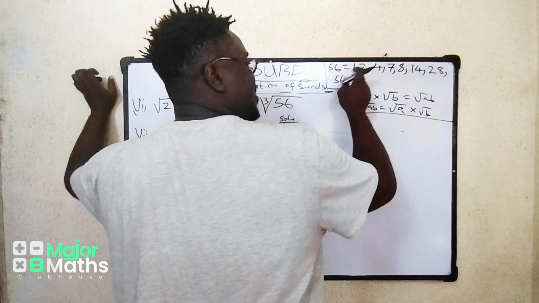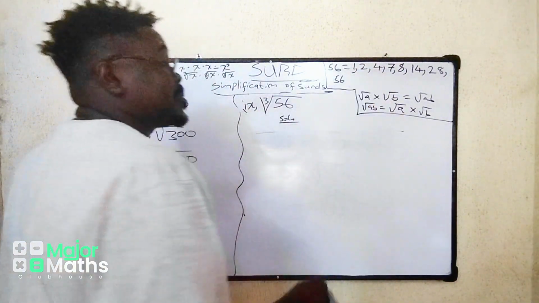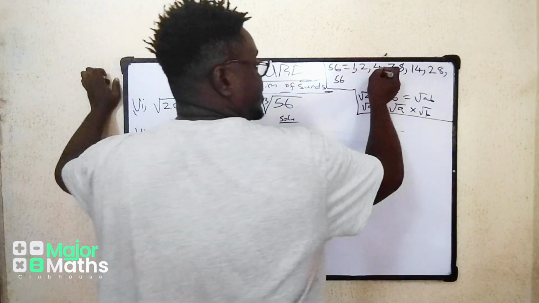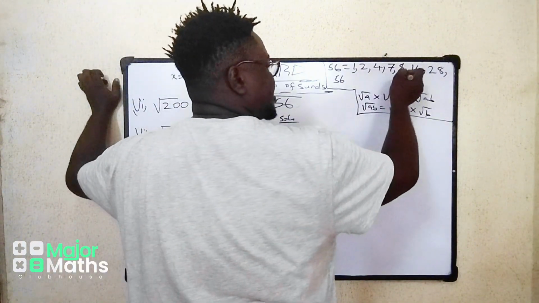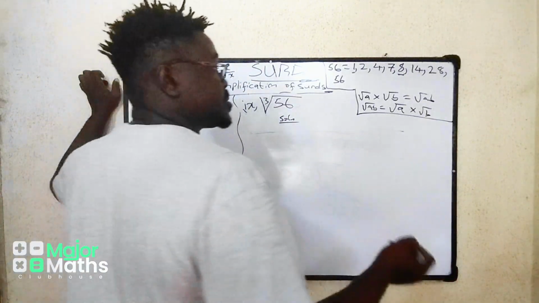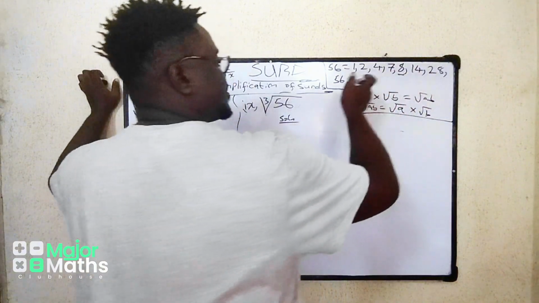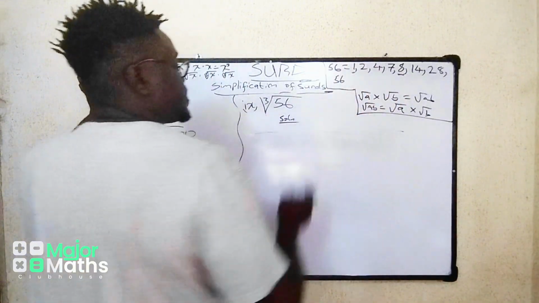So 1 times 1 times 1 is 1. This is a cube. 4 now, 4 is a square, not a cube. 7 now, 8, yeah. 8 is a cube. That's 2 times 2 times 2. 14, 28, now 56. So we said that 8 times 7 is 56.